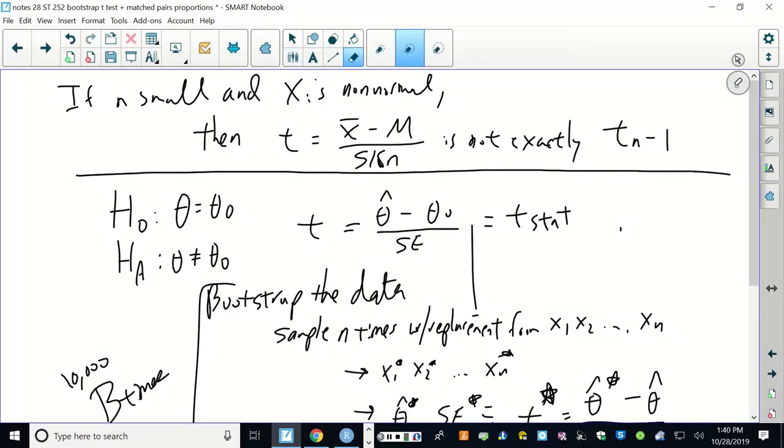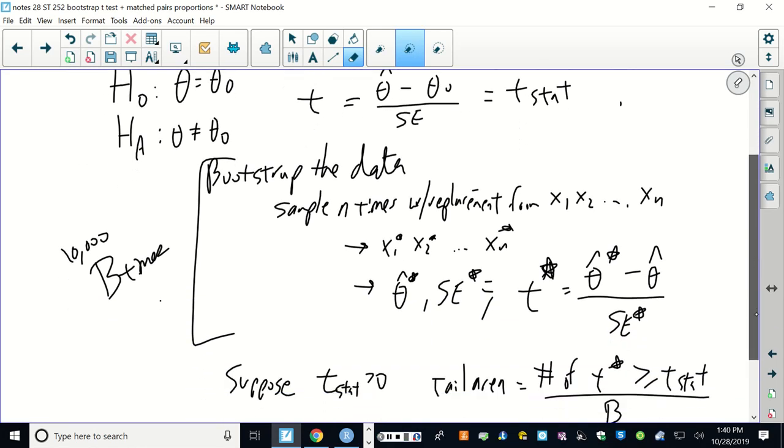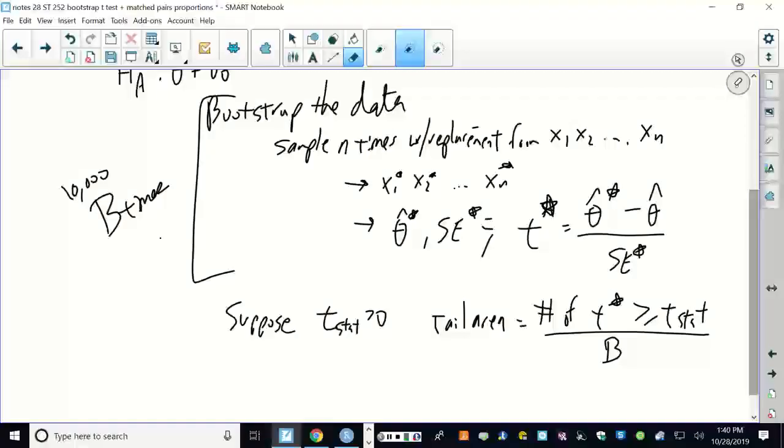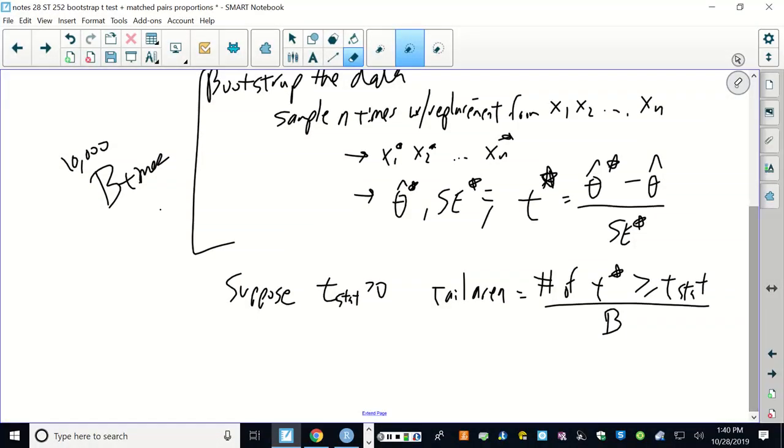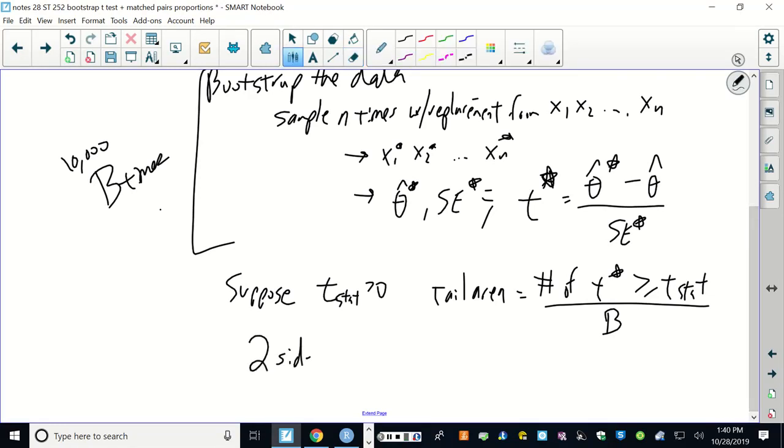So I'm emphasizing that that's the t statistic that we're calculating from the data. And we're looking at the number of simulated t stars that are greater than or equal to that. And for a two-sided alternative test, then our p-value is going to be twice that tail area.